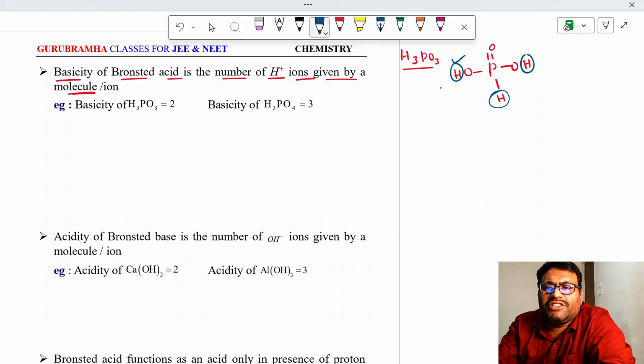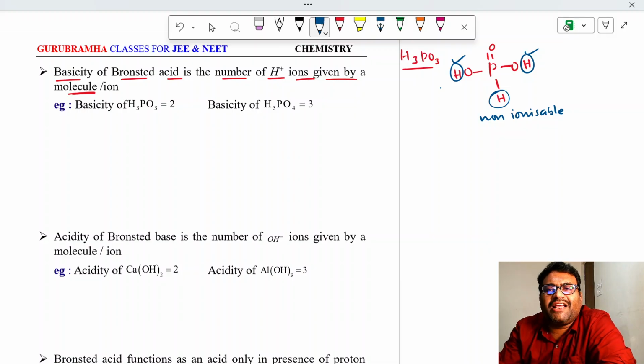Only hydrogens which are bonded to a more electronegative atom, these two can be ionizable. This is not ionizable, non-ionizable. That means it cannot be removed as H plus. It is directly bonded to the central atom. In oxy acids, before also we have discussed that if hydrogen is directly bonded to the central atom, it is non-ionizable.